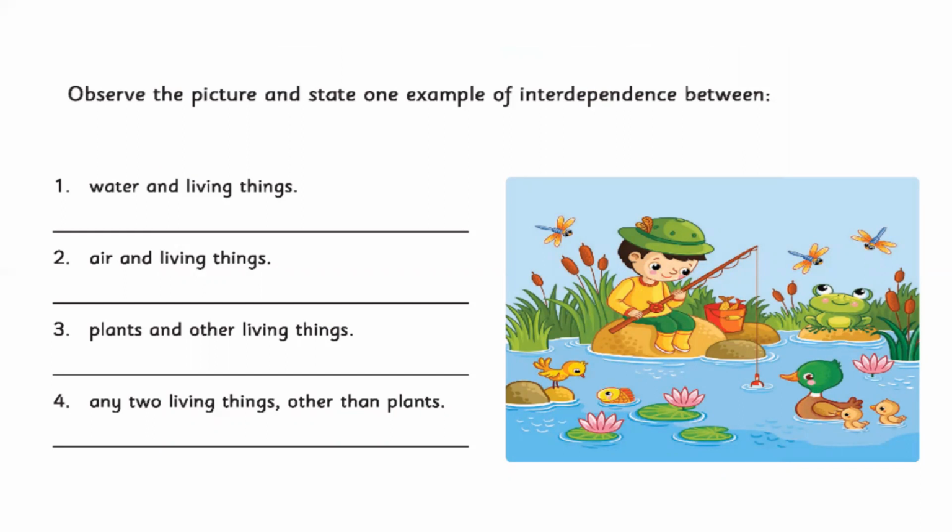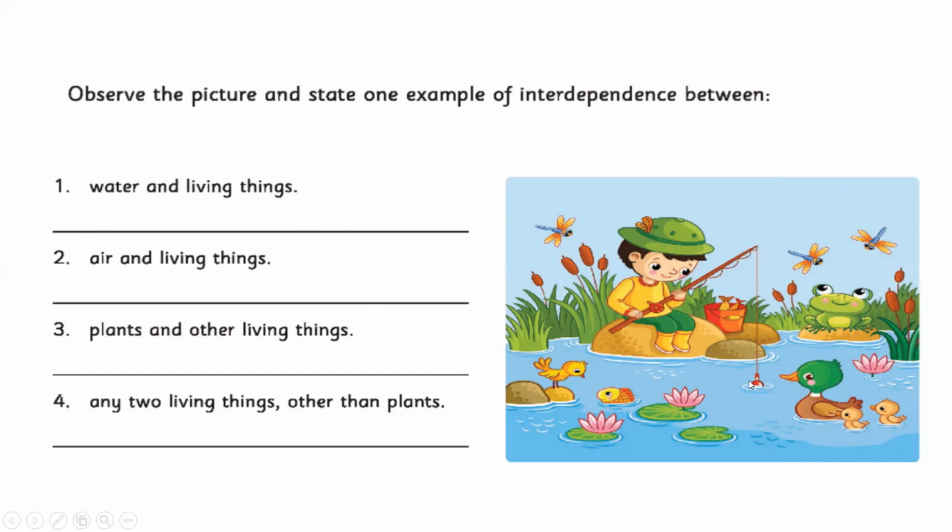Okay, so let's do the activity. Observe the picture and state one example of interdependence between. The first one is water and living things. We know that water is a non-living thing, and we compare that non-living thing with the living thing.